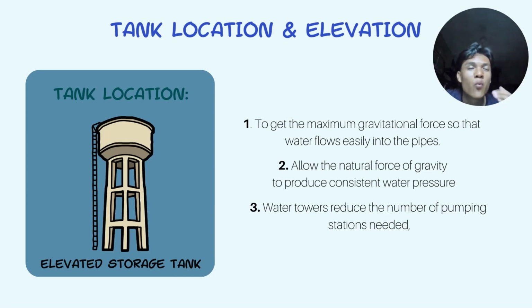Because we want to get the maximum gravitational force so that the water flows easily into the pipe. When the tank is at a higher level, it allows the natural force of gravity to produce consistent water pressure throughout the system.